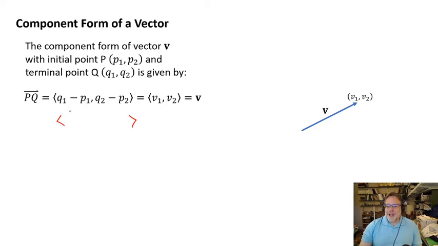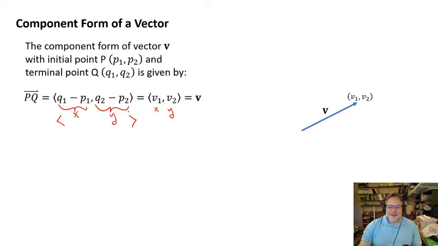We have one component of the vector and another component of the vector. This is the x component of the vector and this is the y component. So when it starts at the origin, the difference in the x coordinates is just the place where it ends, and the difference in the y values is just the ending component. It'll be this simple.